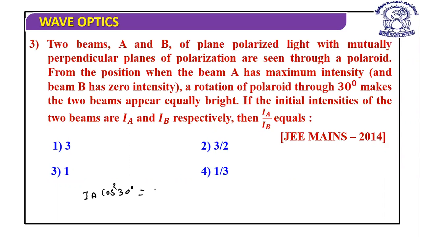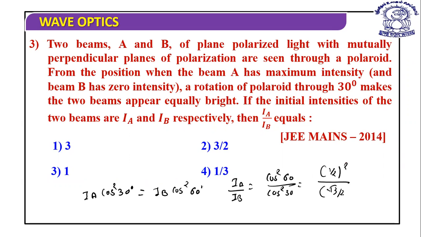They both are equally bright, so the intensities are equal. So we can write IA cos square 30 degree is equal to IB cos square 60 degree. So IA upon IB is cos square 60 divided by cos square 30. That is (1 by 2) whole square divided by (root 3 by 2) whole square. This will give us the answer 1:3.